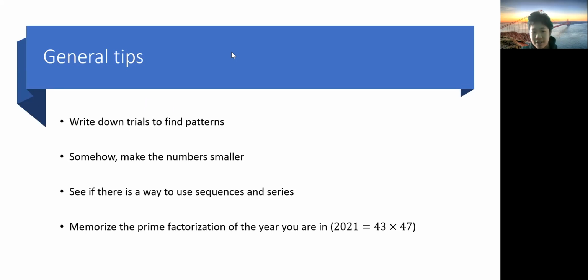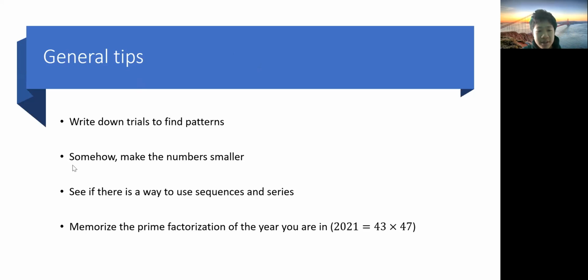A lot of number theory is based on patterns, and you're going to deal with really big numbers a lot, and writing down trials to find patterns allows you to rationalize and reason what the value should be and solve the problem.